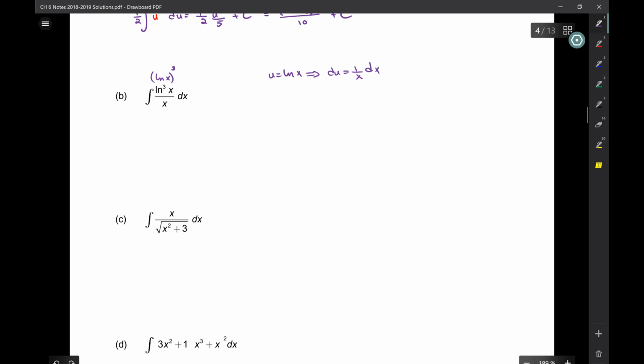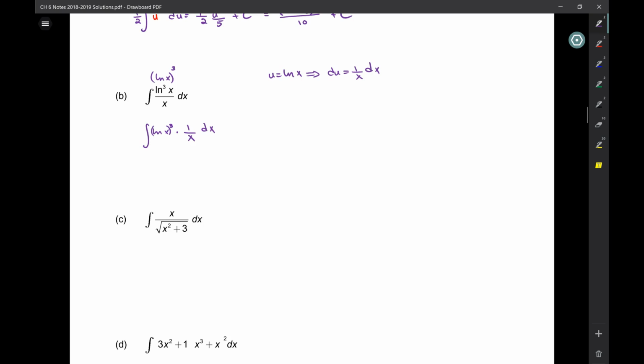Okay, so here's what happens here. I have ln of x cubed over x. Can I write that as ln of x cubed times 1 over x dx? So if I have that over x, can I just say it's that times 1 over x? Yeah, I could do that.